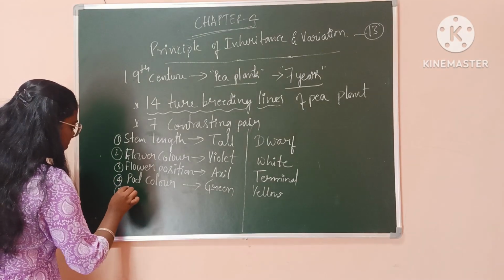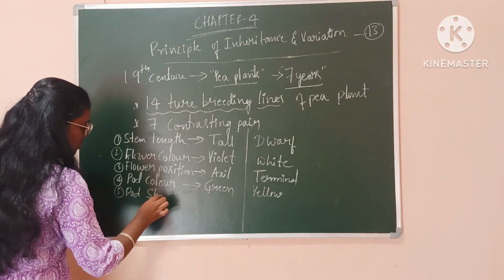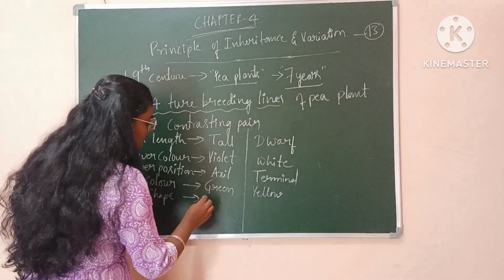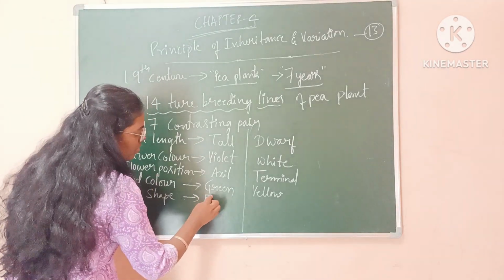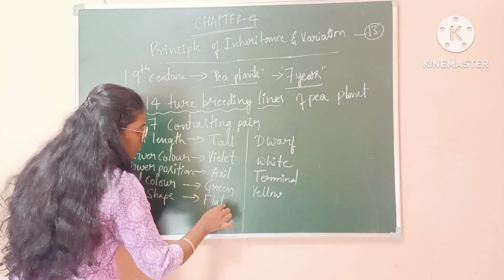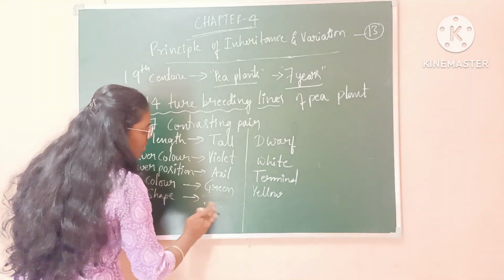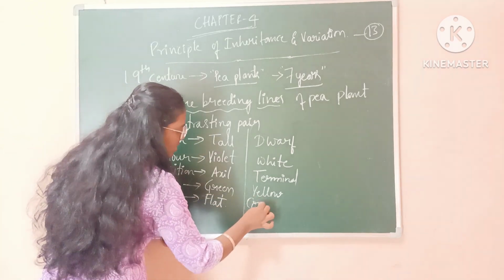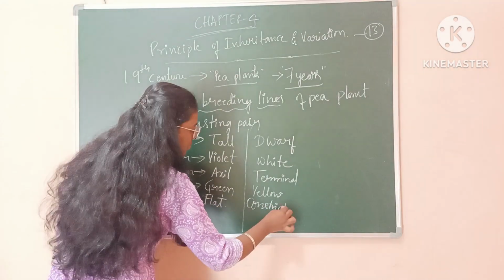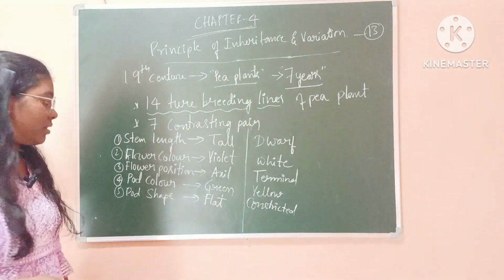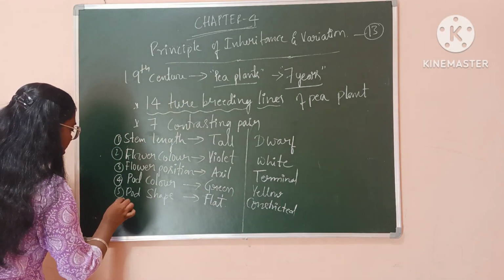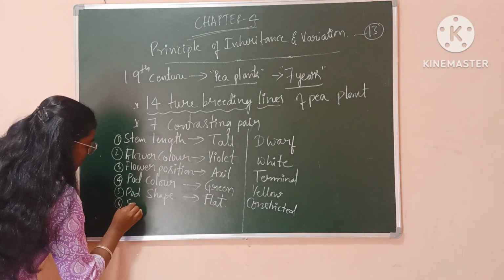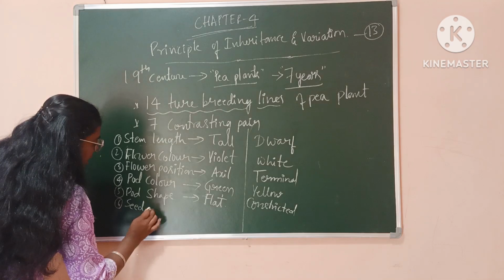Next is pod shape. Again in pod shape we have two contrasting characters: flat and constricted. Coming to the next character, seed color.